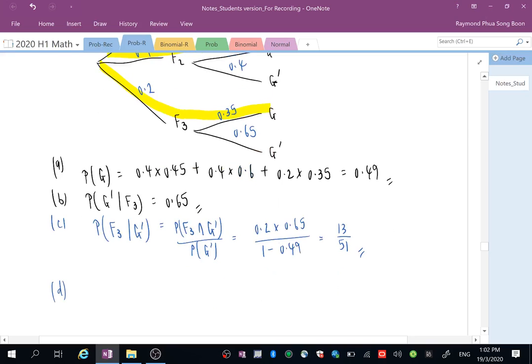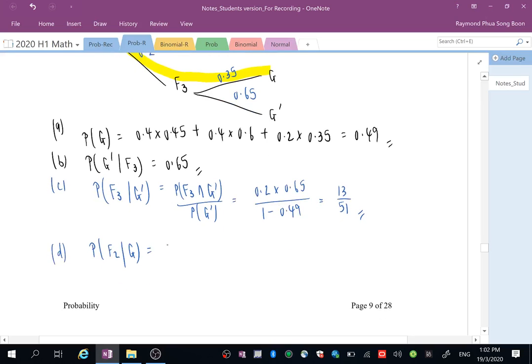How about the last part, part D? Part D is also a conditional probability question. You have to find the probability that it is F2 given that the seed does germinate, so it's the probability of F2 given G. We write it in the form of the conditional probability formula again, so that you can work out its value.